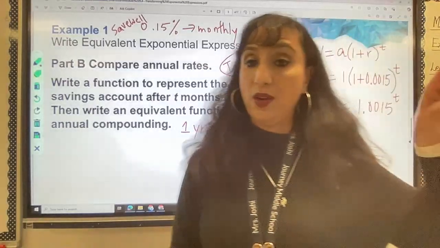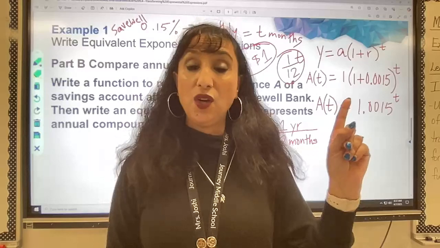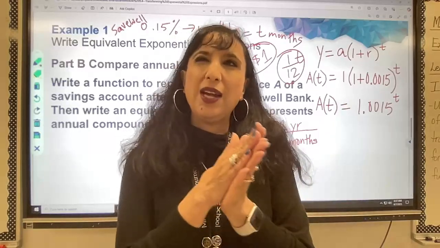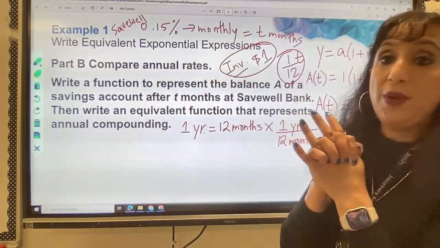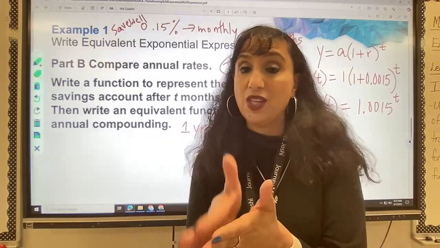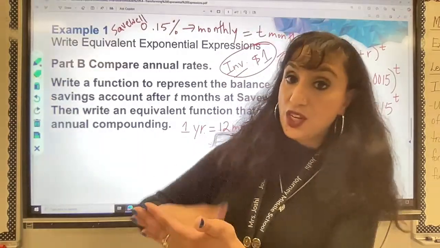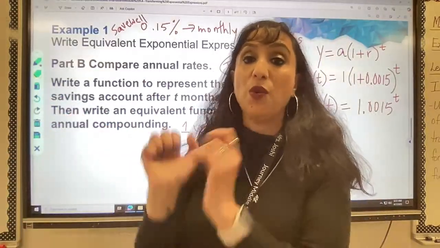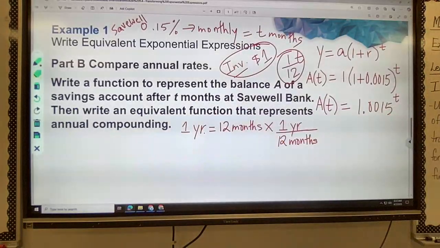Think of the other one, what we had just done. That was being changed to my year, that was yearly. So that was being changed to how many times? That was going to be changed to 12t because there are 12 months in a year. But in this case, the yearly is being changed to the monthly. So they are 1/12. So that is why the exponent is changing the other way around.